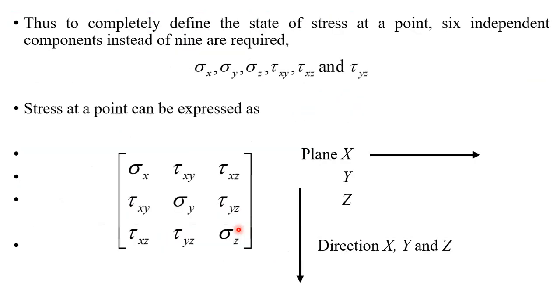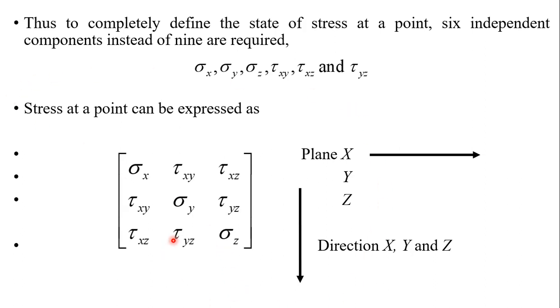Because of this relationship, now only 6 components are there, and hence the stress at a point can be expressed with the help of these 6 stress components. Again, the row shows the plane on which the stresses are acting. So these stresses are acting on x plane, these stresses are acting on y plane, these stresses are acting on z plane, while the columns show the direction in which stresses are acting, like this: x, y and z.